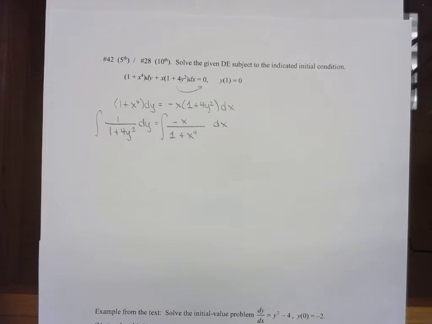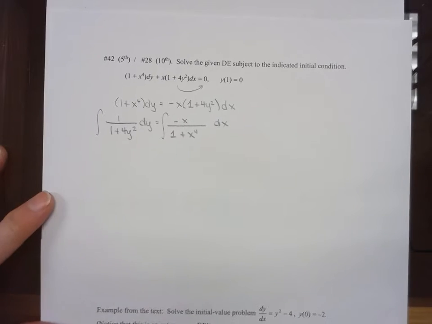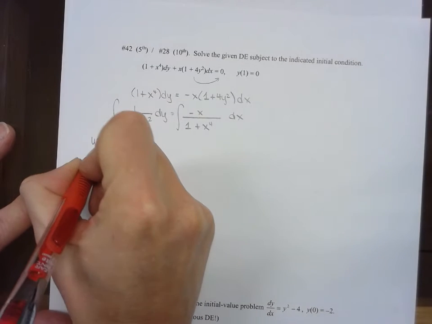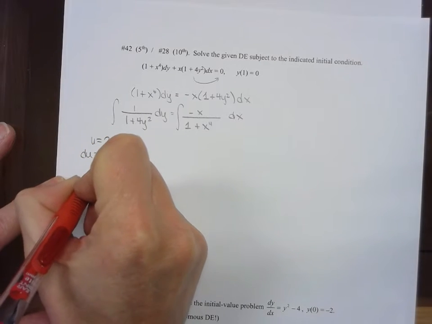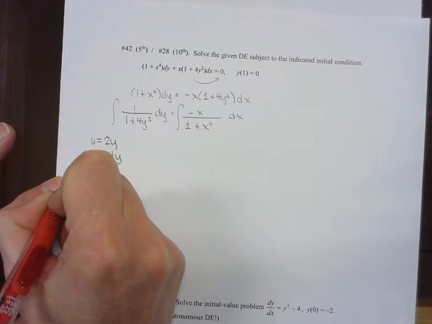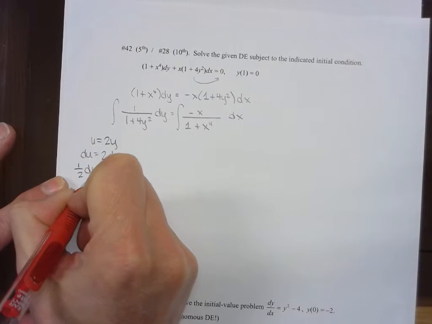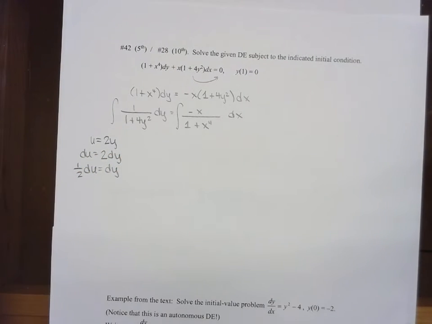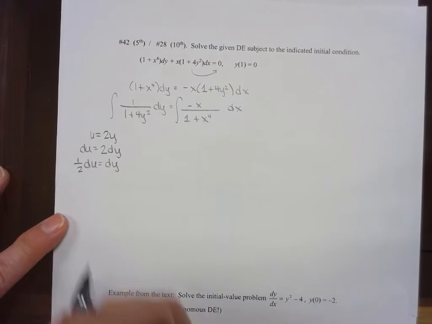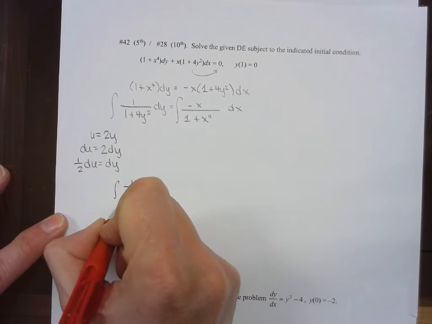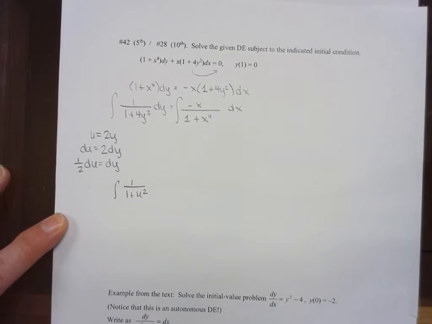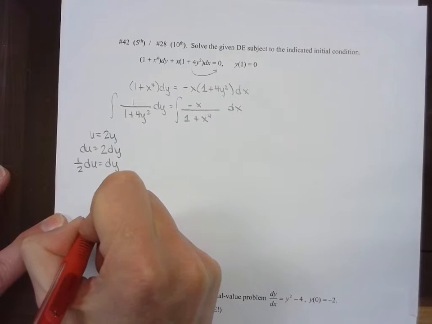So if you want, you could make a u substitution, where you just let u equal 2y. Now, you don't have to do this, but say we did. U equals 2y, then du would equal 2 dy, or 1/2 du equals dy. And then the left-hand side would be 1 over 1 plus u squared, and then the dy is 1/2 du, and I'll bring the 1/2 out in front.